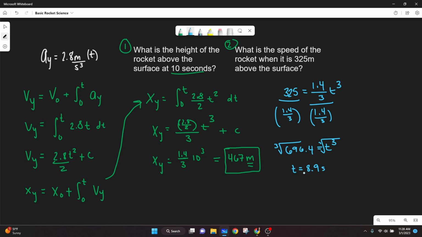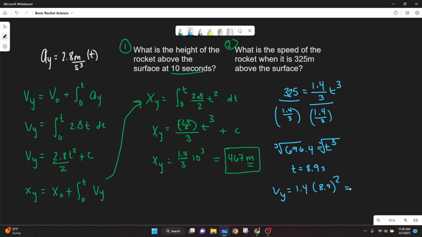So we can take this 8.9 seconds and plug it into our velocity formula. And so the velocity, our speed, is going to be equal to 2.8 divided by 2, which is 1.4, times 8.9 seconds squared.